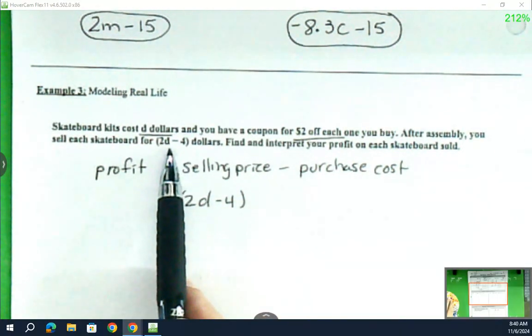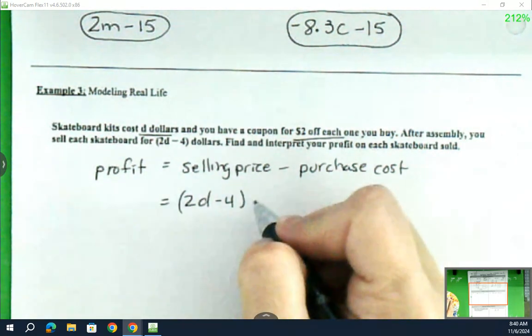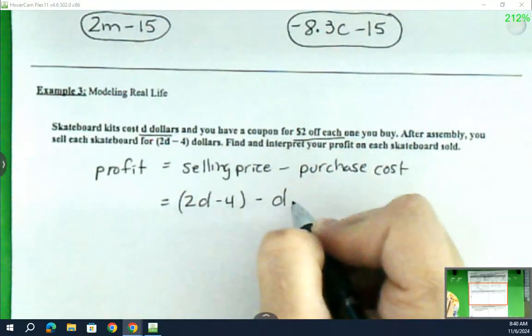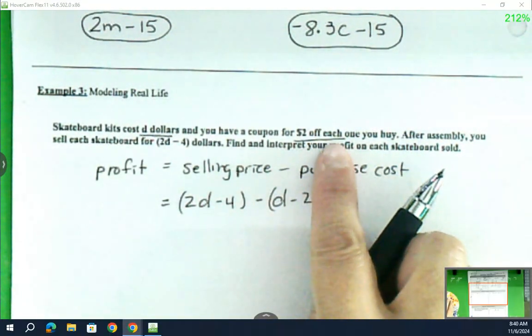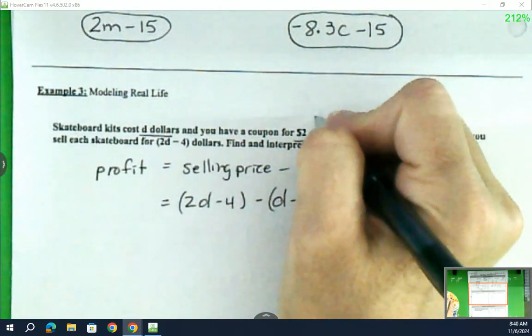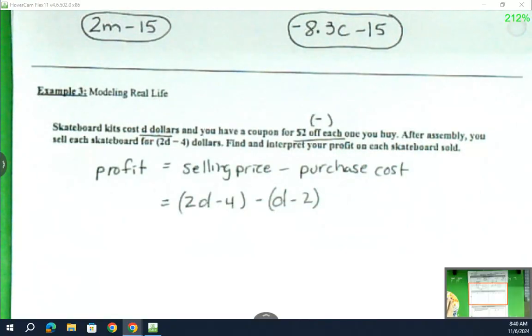That's what we're selling it for. And the cost was minus D minus 2, because we had the $2 off, and the kit cost D dollars.